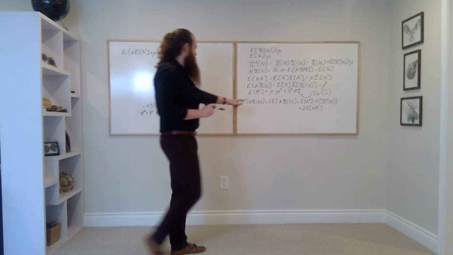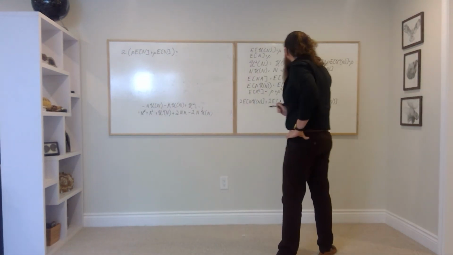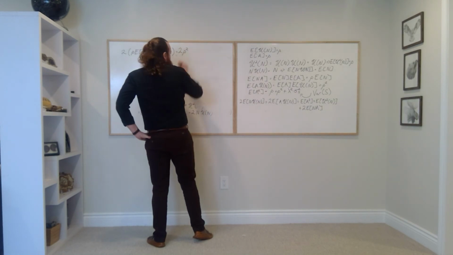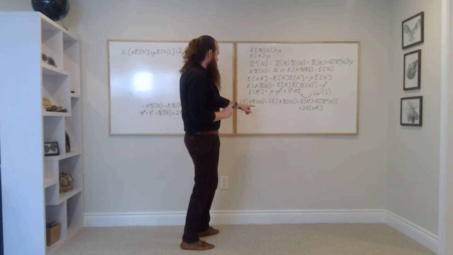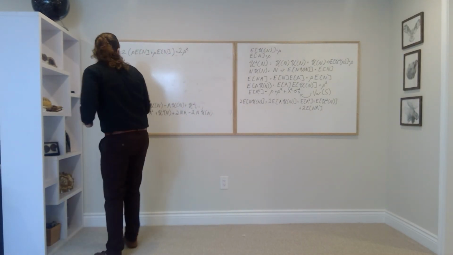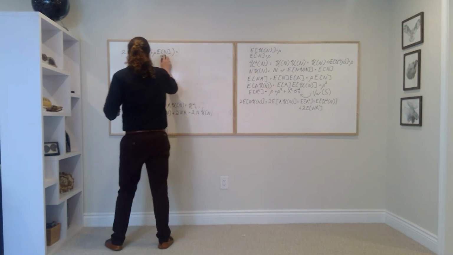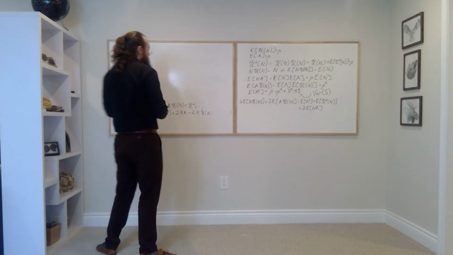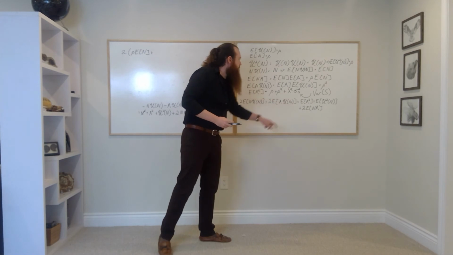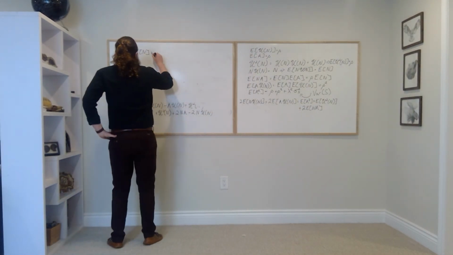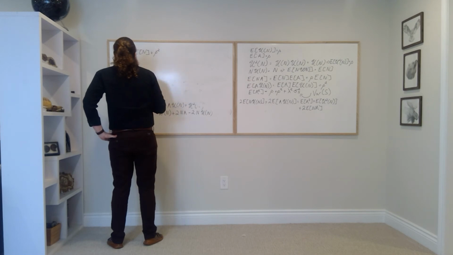Equals 2 times rho squared. Oh, whoops, I took the wrong term there. So this is rho squared, right up here. So plus rho squared.